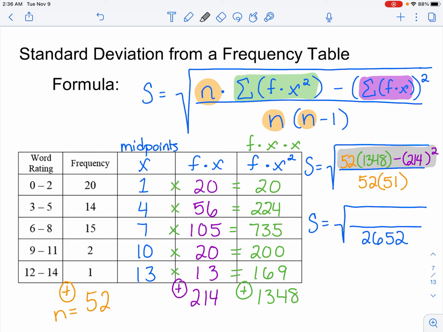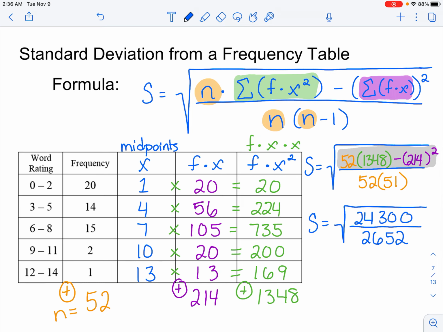You'll type in 52 parentheses 1,348, close the parentheses, and then do minus 214 to the second power. You can use the x squared button, or you could just type in minus 214 times 214. The calculator will do order of operations in the right order for you there. So you should get a numerator of 24,300.